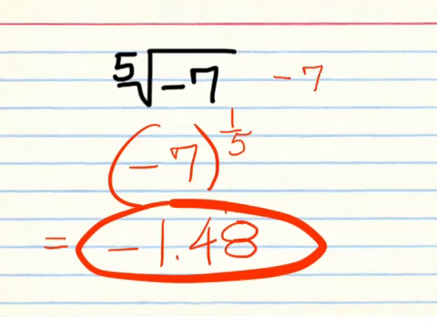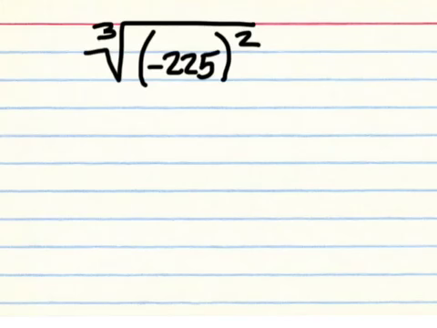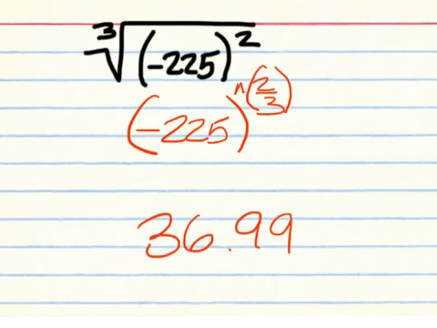Again, you would put that in as negative 7. I would still put parentheses around it and then do this to the 1/5 power. You should get this. Tell me what the answer should be for this one. Drop this off.